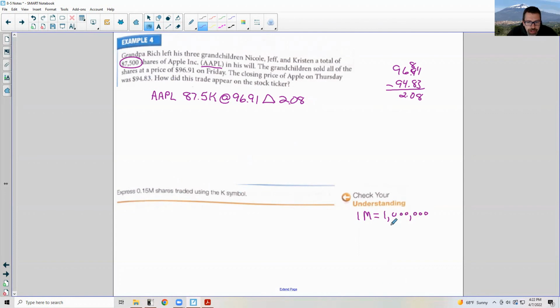So 0.15 million would be 0.150000 if you wrote it like that, but obviously we don't write that. We don't have leading zeros. So 0.15 million shares is 150,000 shares. It says to express this using the K symbol. So that is 150,000 or 150K.